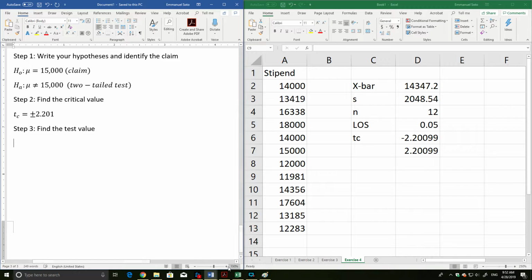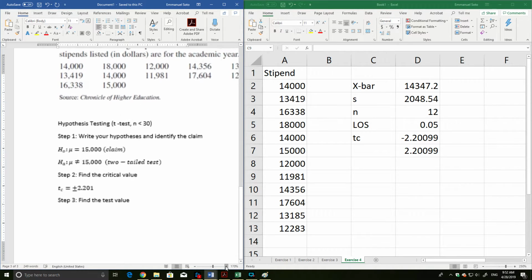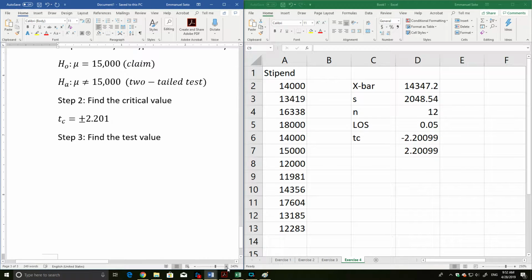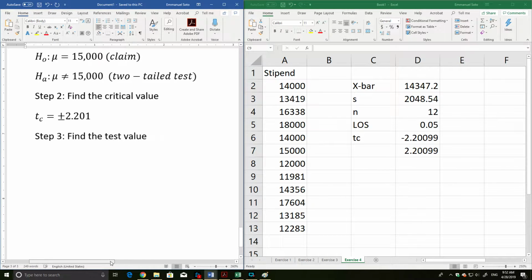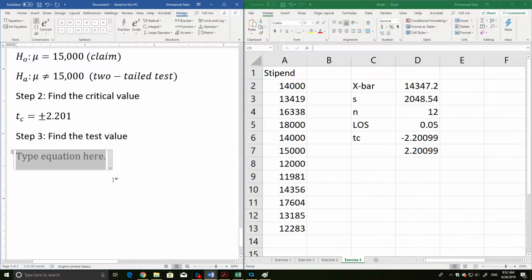And I'll go ahead and type that formula in so that you know what we're talking about. So the formula for the t-test is this guy. So I'm going to type it in. So we're going to do the equation editor, insert equation, and then the formula for the t-test is, so if you want to do a fraction, you do a slash and then space.